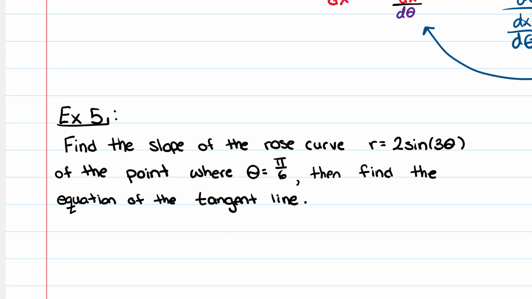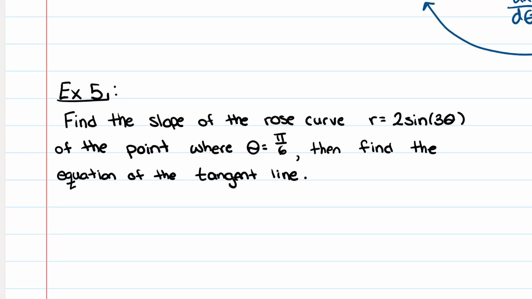Alright, so in example 5, we're going to find the slope of the rose curve r equals 2 sine 3 theta at the point where theta is equal to pi over 6. And then we're going to find the equation of the tangent line. So step 1 is to find the slope, and step 2 is to find the equation of that tangent line.